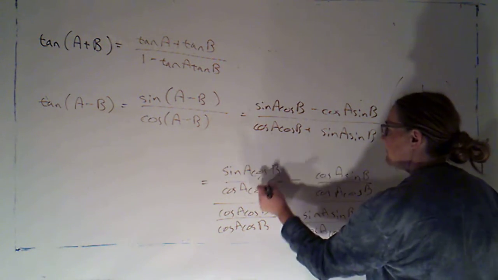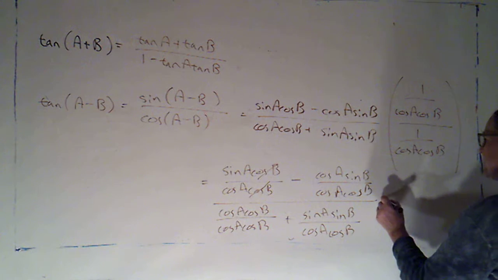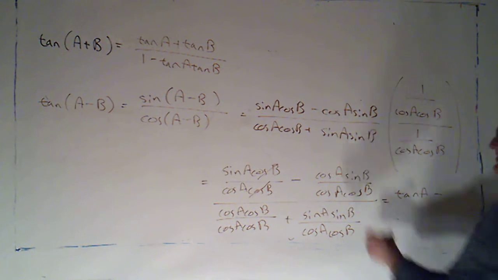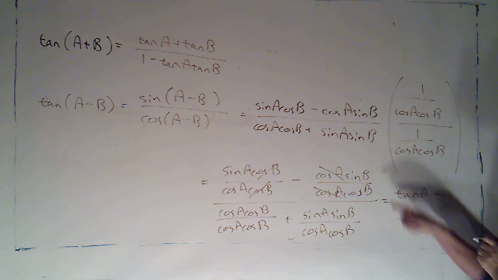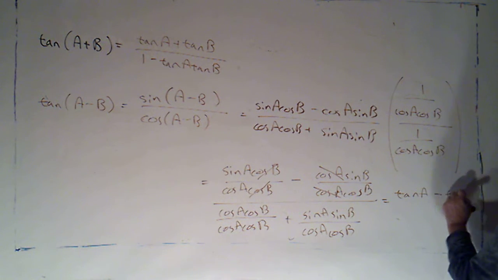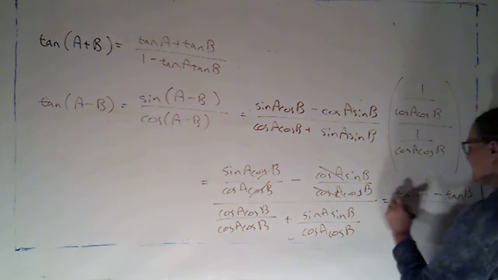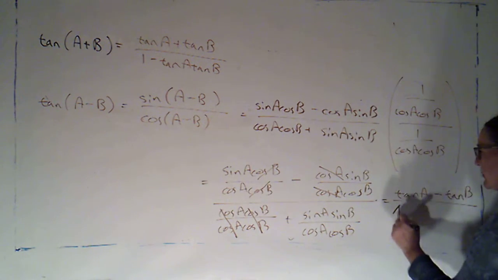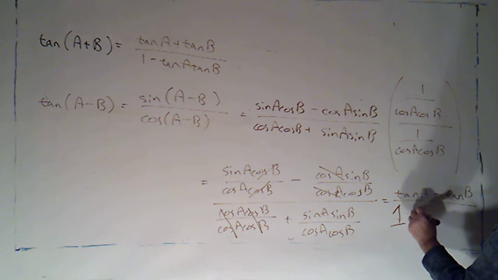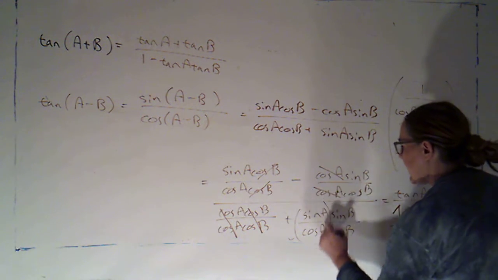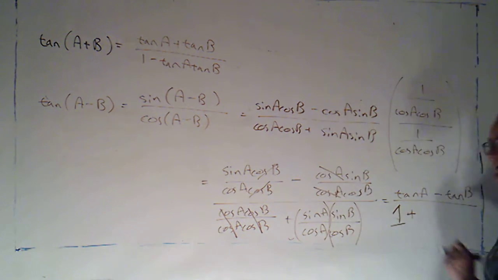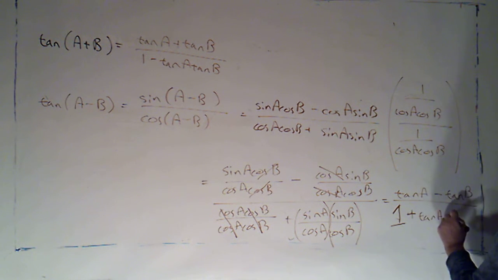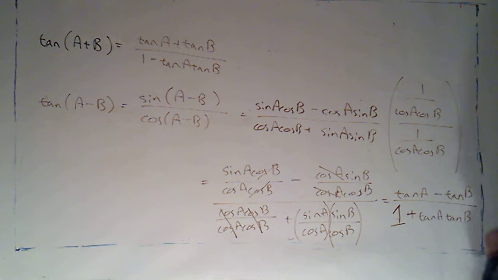Here the cosines of b cancel. Sine a over cosine a is tangent of a. Minus, here the cosines of a cancel. Sine b over cosine b is tangent of b. Over, here everything cancels, so I'm left with a 1 plus sine a over cosine a times sine b over cosine b, that's just tangent of a times tangent of b.